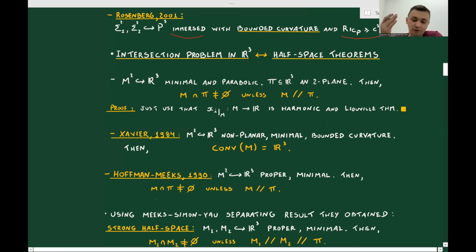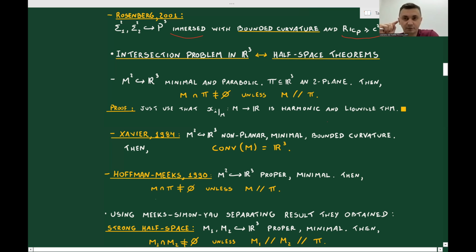Okay, so there are a lot of equivalent conditions to define the parabolicity of a surface. So you can use any one. And if you pick any plane pi in R3, so you have two possibilities.